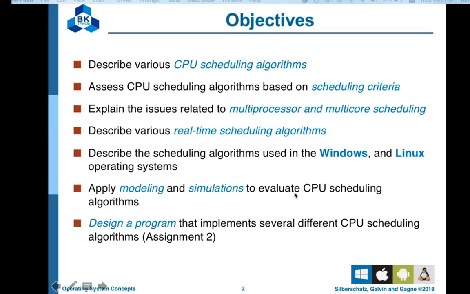And the last objective of this chapter is to design a program that implements several different CPU scheduling algorithms. So, this is the task you will be required to do in the assignment too.